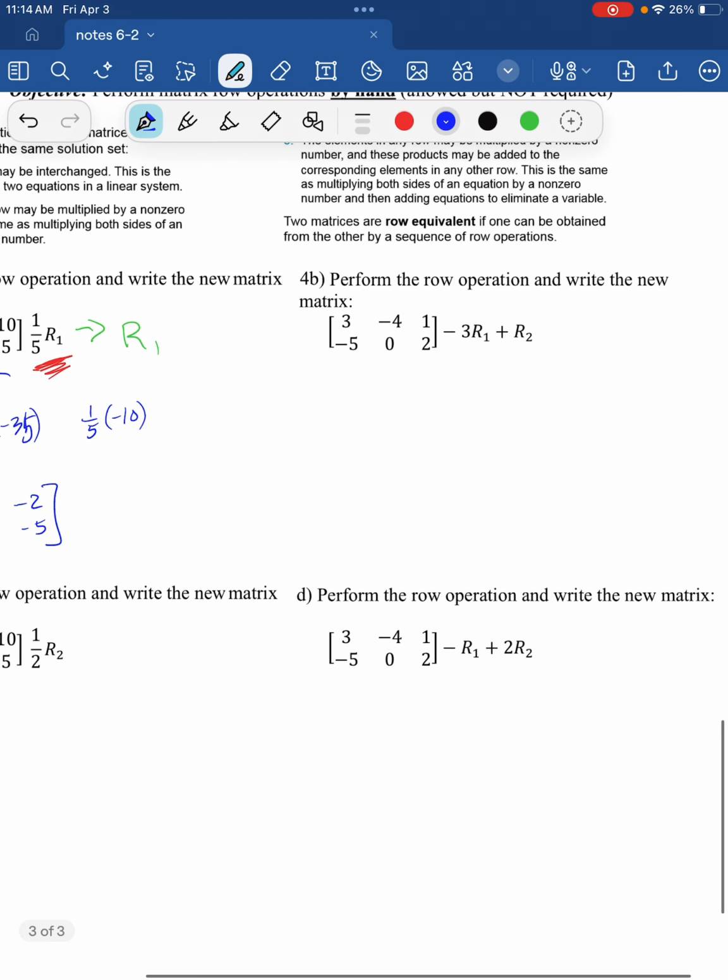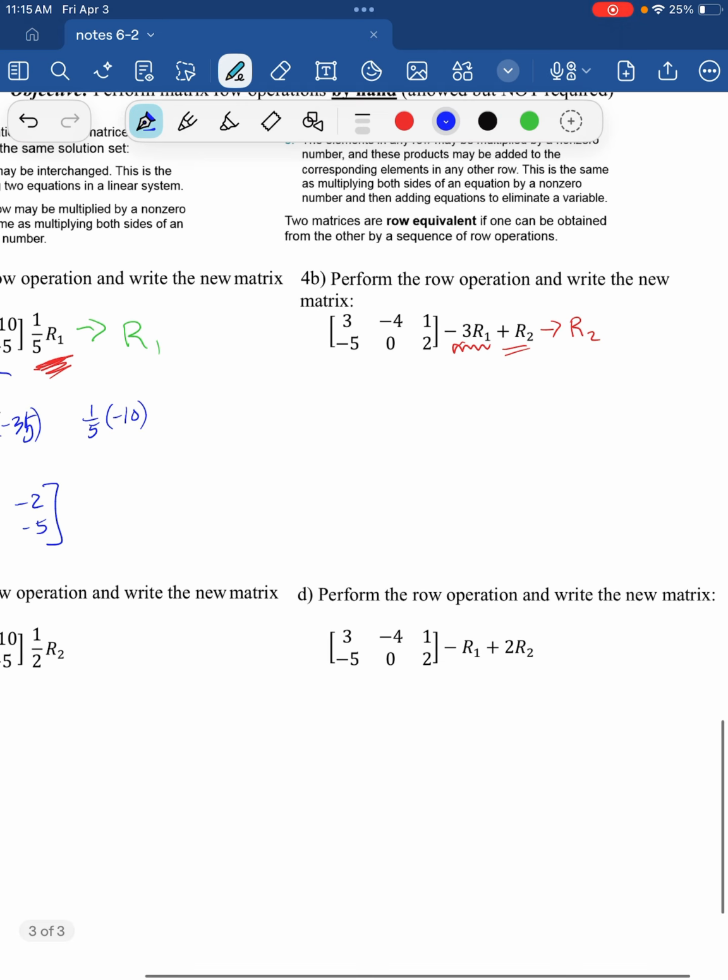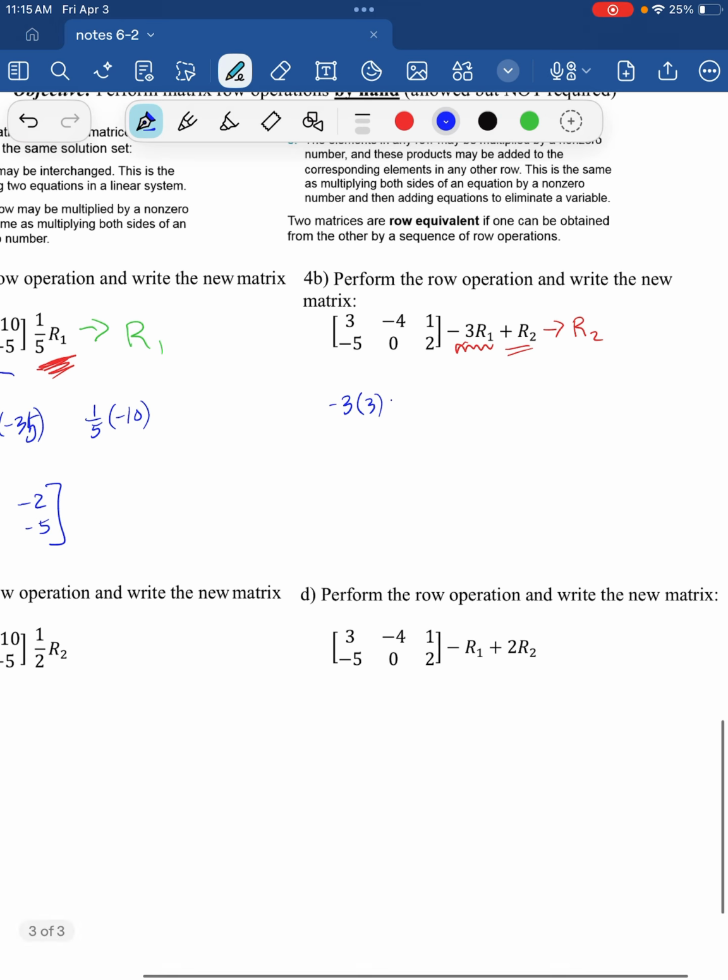For 4B, I have a different matrix, and this time we are supposed to take -3 times row 1 and add row 2, and we're going to put this in row 2. So row 1 is not going to change, and for row 2, I'm going to take -3 times row 1, which is 3 for the first element, and add row 2's element, which is -5.